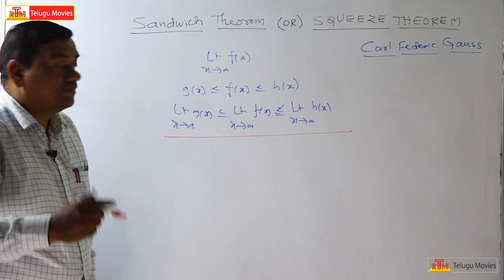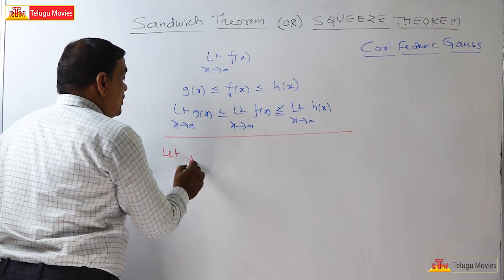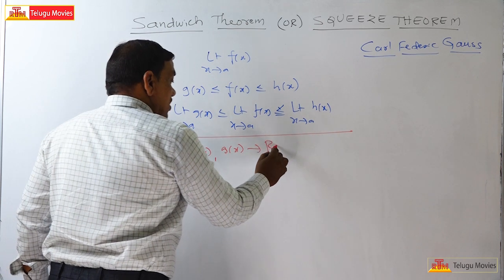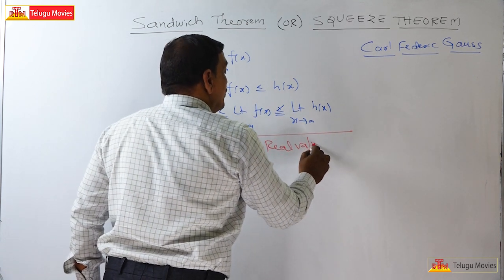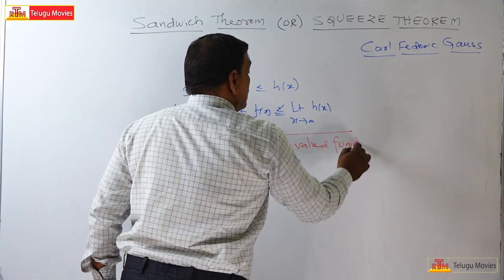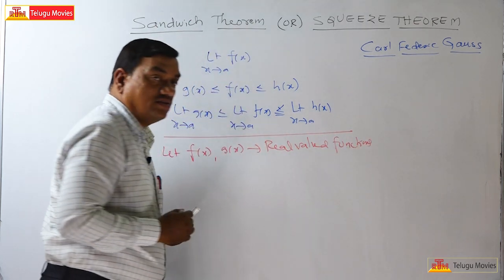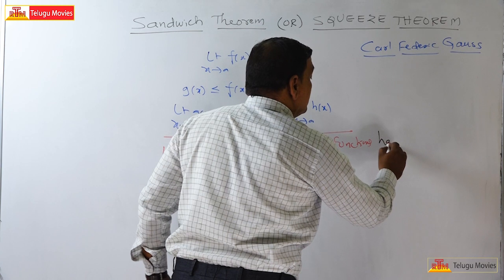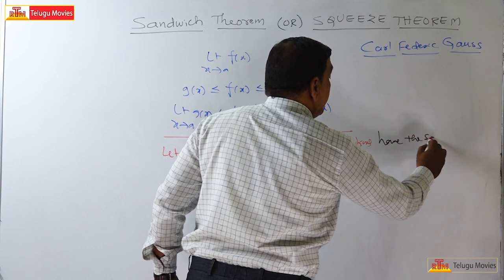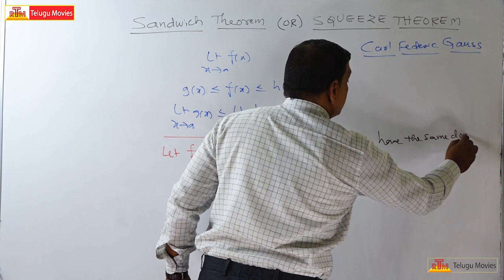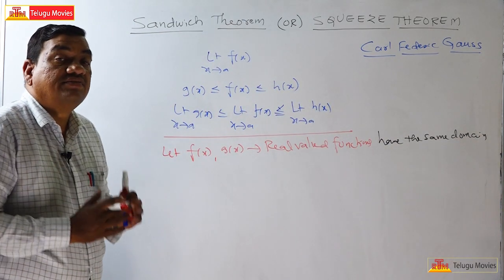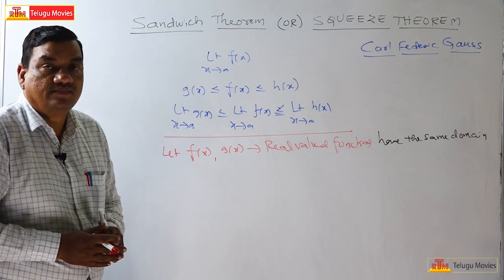First idea is, let us take two functions f of x and g of x. They are real valued functions having the same domain, both defined on the same domain.